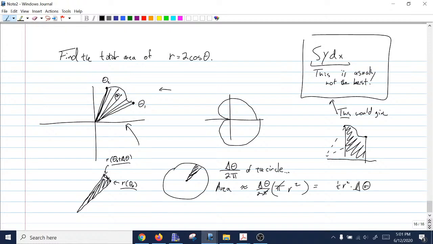Adding those up, you get that the area swept out by the polar curve is the integral from theta 1 to theta 2 of 1/2 r squared. The delta theta becomes the d theta that you're integrating against. So let's write this out.